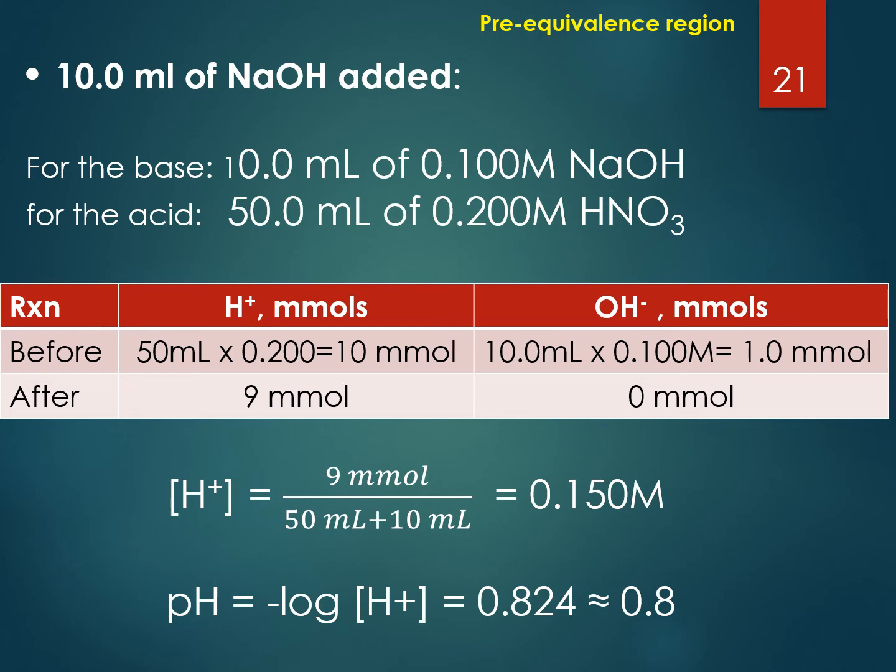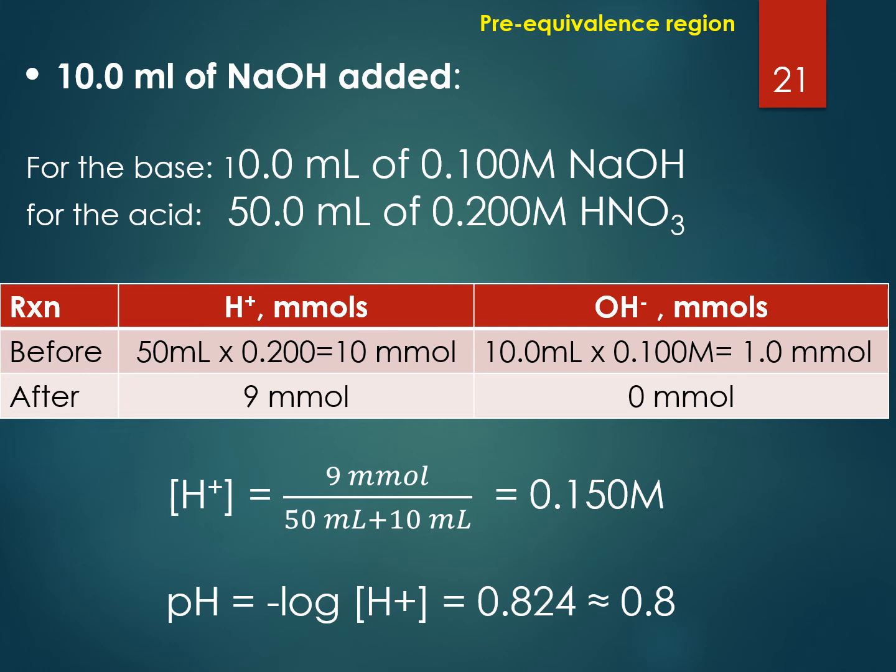You can work with millimoles so that you don't have to convert ml into liters. Remember, molarity is moles per liter, so you can also use millimoles per ml. It's also molarity, so we don't need to convert the ml to liters.